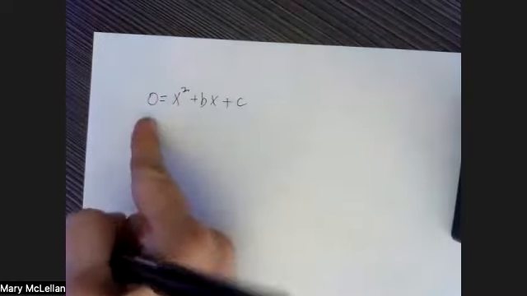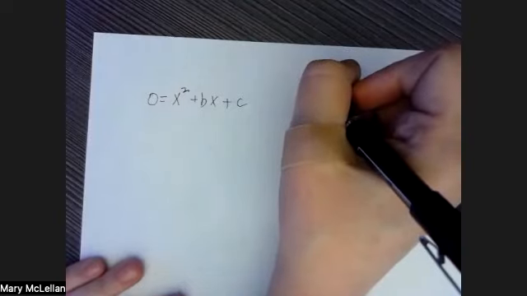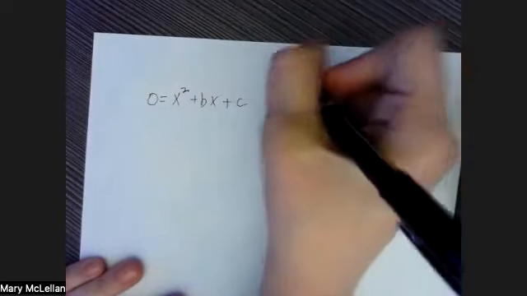So the quadratic formula comes from completing the square. I'm going to complete the square for 0 equals x squared plus bx plus c, and then I'll use the result of that to complete the square for ax squared plus bx plus c.